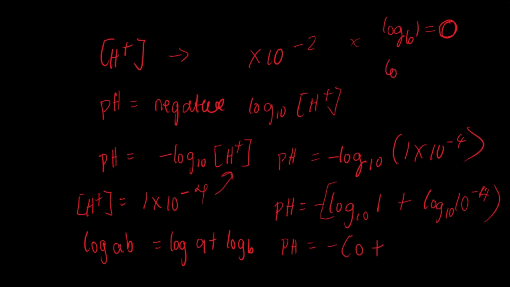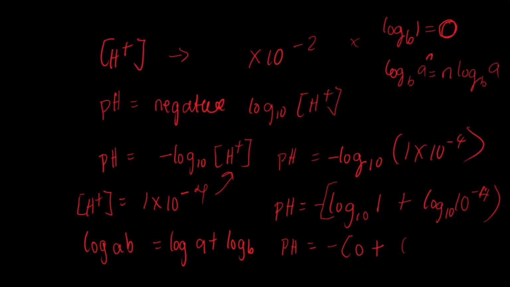negative 0 plus... So if we have log to the base b of a raised to the power n, these are basic laws of logarithm, this is equal to n log to the base b of a.